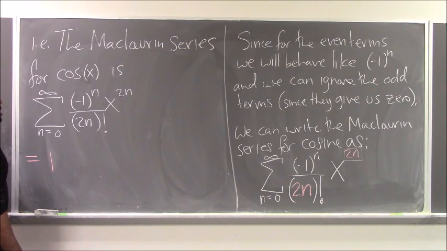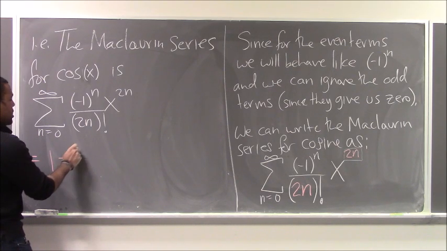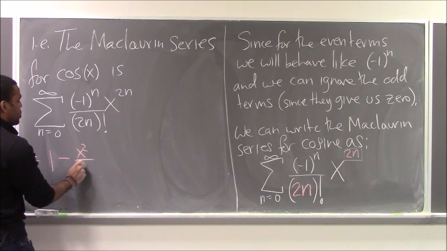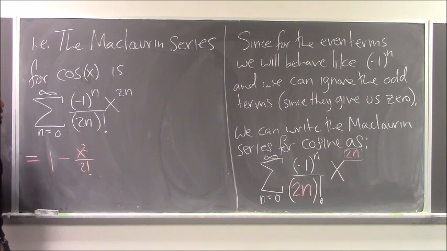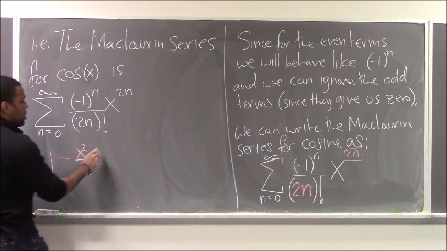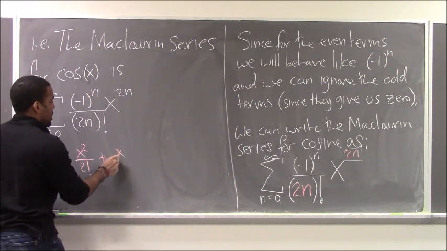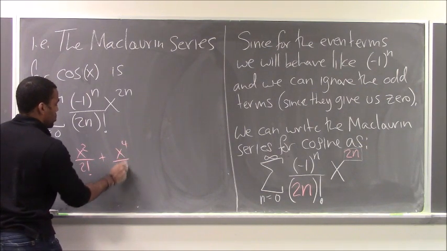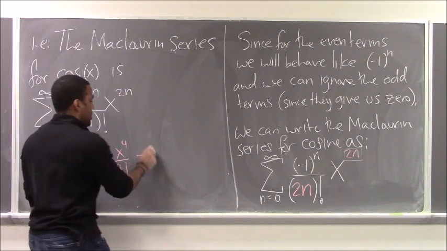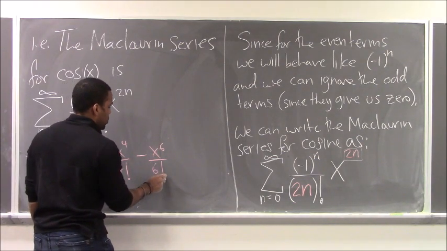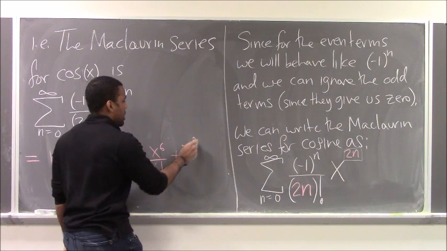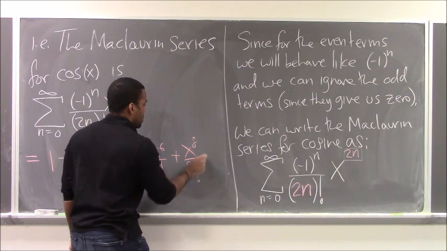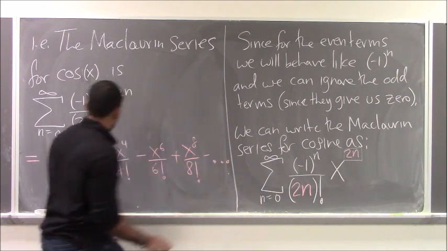If I plug in n equals 1, I would get minus x squared over 2 factorial. If I plug in n equals 2, I get plus x to the 4th over 4 factorial, minus x to the 6th over 6 factorial, plus x to the 8th over 8 factorial, minus dot dot dot.